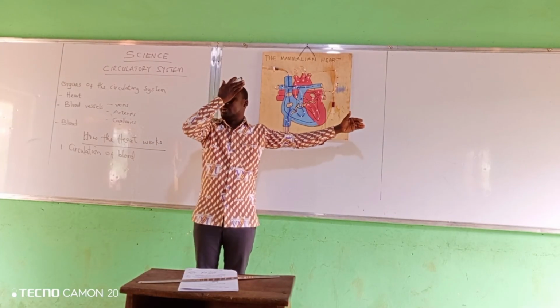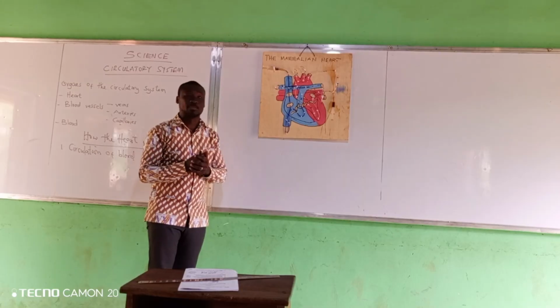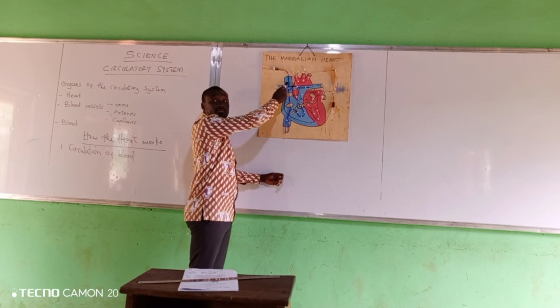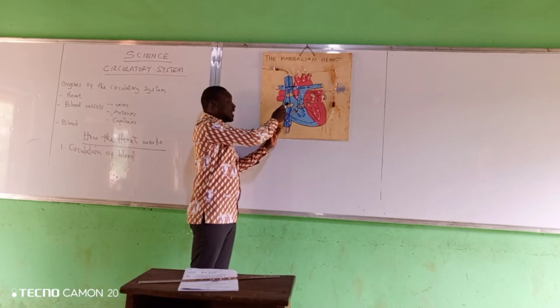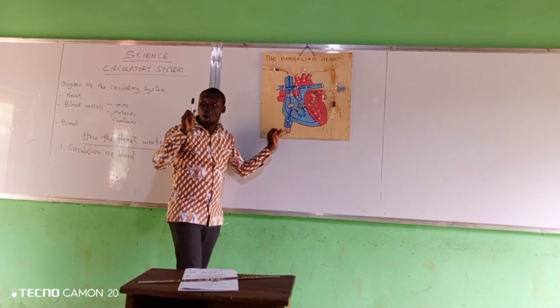From the upper part of the body, all the deoxygenated blood passes through the superior vena cava. Then it enters what we call the right atrium or the right auricle.